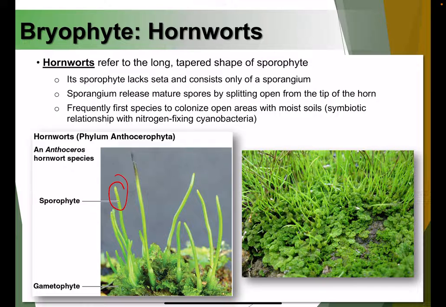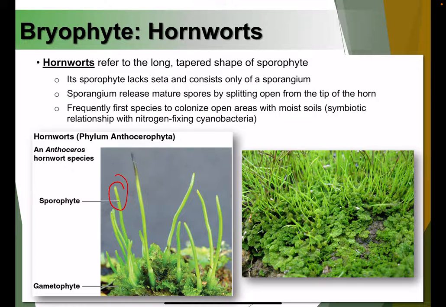There's no seta at all, and it consists only of a sporangium. How the sporangium releases its mature spores is also slightly different compared with the peristome we talked about. They actually split open from the very tip of the horn, and then the spores burst out.